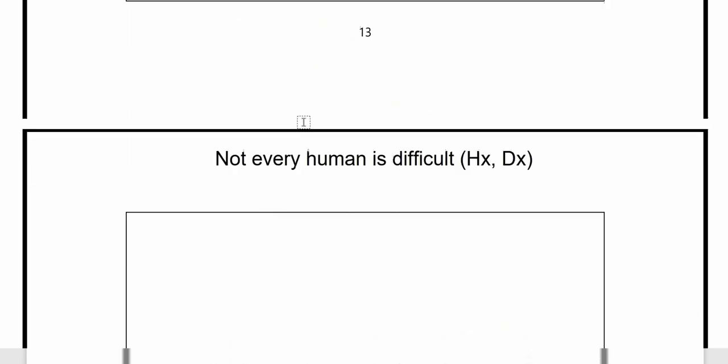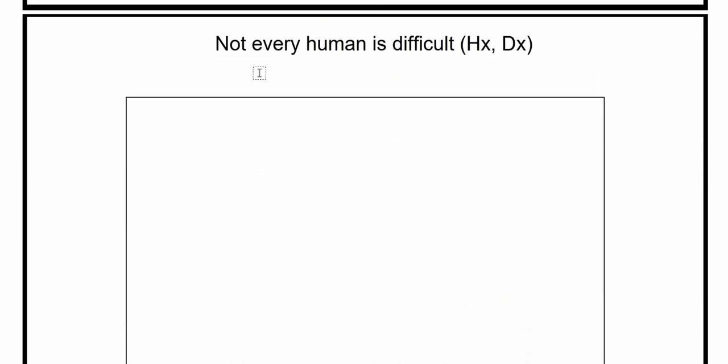So here, not every human, so first we need to determine whether it is universal or existential. Not every human is difficult. Are they talking about every, that is all, or are they talking about some?